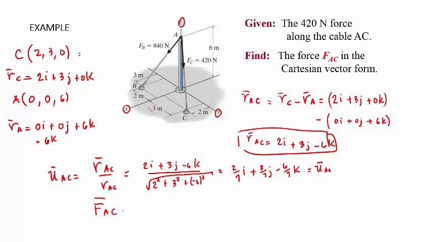So my vector would be that magnitude of AC multiplied times the unit vector AC.